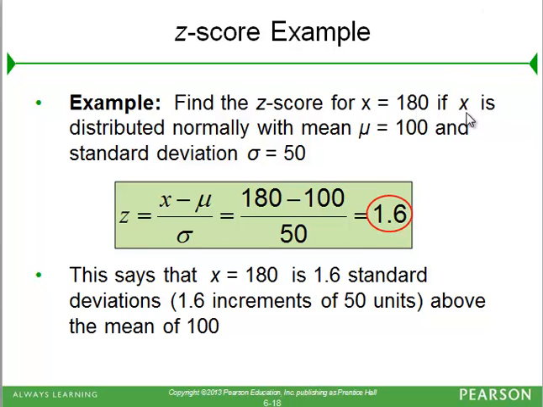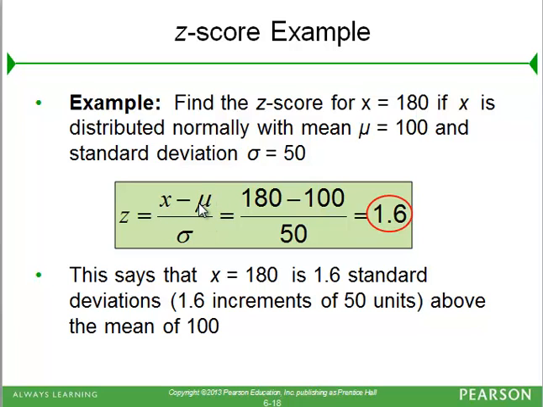If you take a closer look at the Z-score formula, you can find out that the Z-score is actually measuring how many standard deviations the given value is away from the mean.